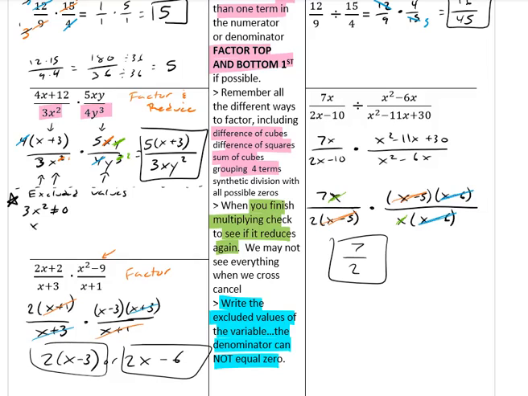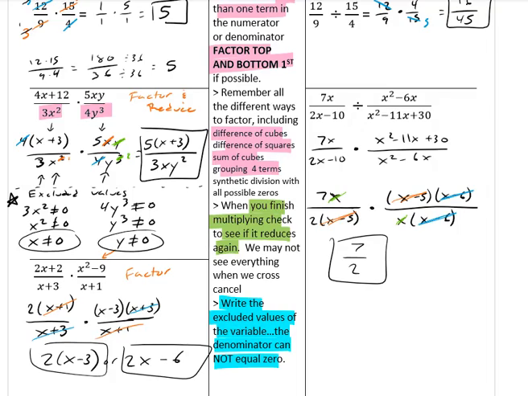You divide by 3. X squared cannot equal 0. You take the square root. X cannot equal 0. So if I plugged in 0, I'd get an incorrect answer. I'd get an error. Same with the 4y cubed. Divide. Take the cube root. Therefore, y cannot be 0. So my excluded values are x equals 0 and y equals 0.